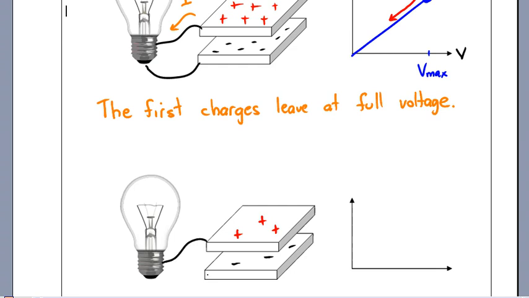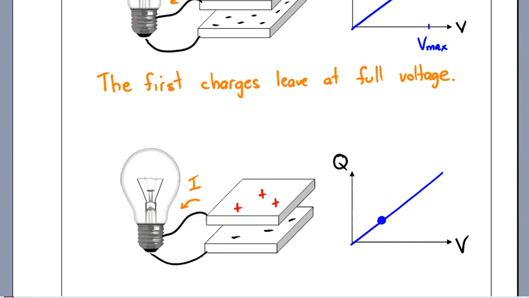We're still connected, we're still going to get some current flowing, but now this current is going to flow slower, and it doesn't have the same voltage that it had before. If you think about that graph where here's how much charge there was based on the voltage we used to push it on, then we're still on this line, but now we're down here. And so these Qs, as they leave, they're at a much, much lower voltage.